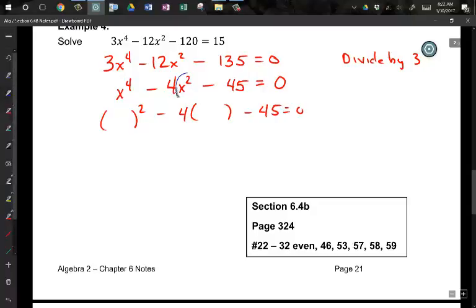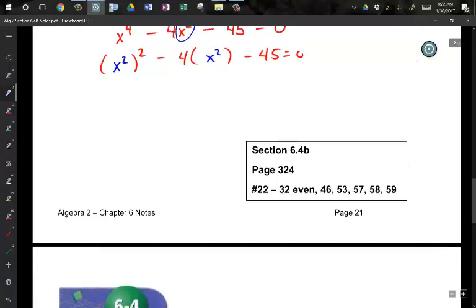I'm going to circle my x squared. I'm assuming by now you guys are getting the hang of this. So we have parentheses, parentheses equals 0, x squared and x squared, plus and minus, multiples of 45, 15 and 3, does that work? That gets you 12.